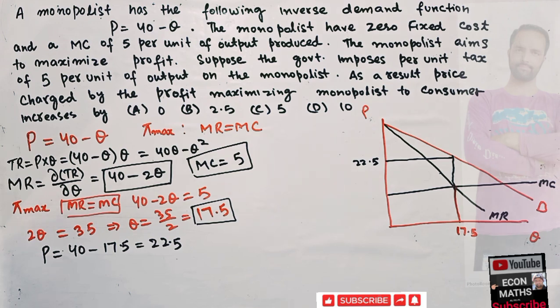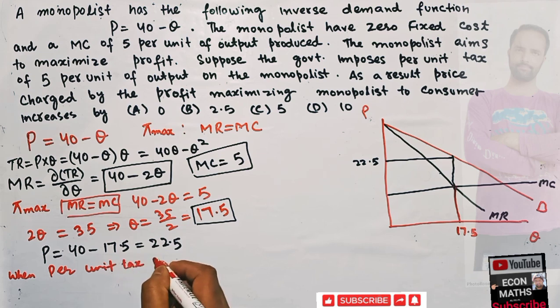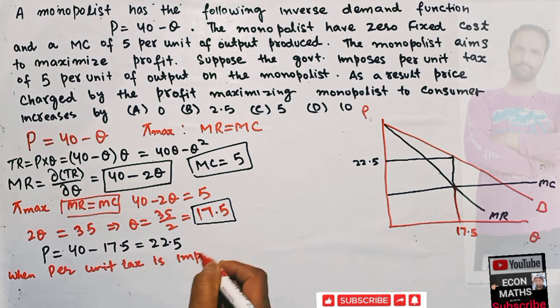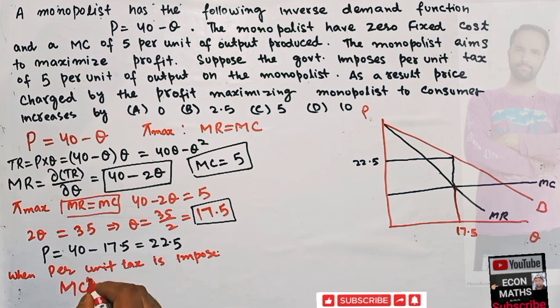Now when a per unit tax is imposed, what will be our new marginal cost? Marginal cost will be equal to the original old marginal cost plus the per unit tax.